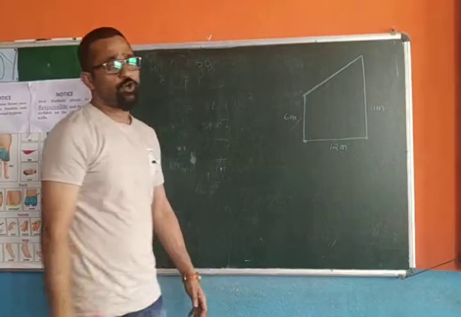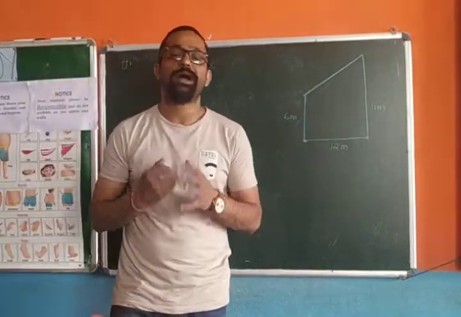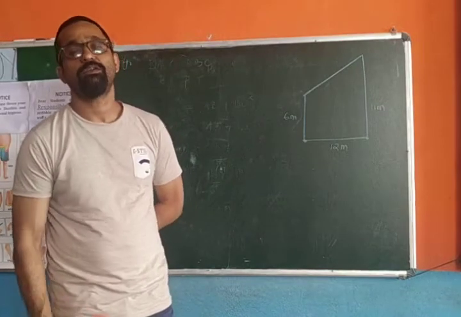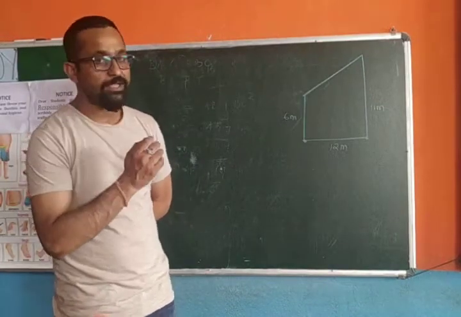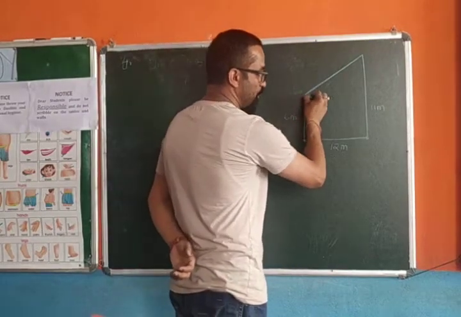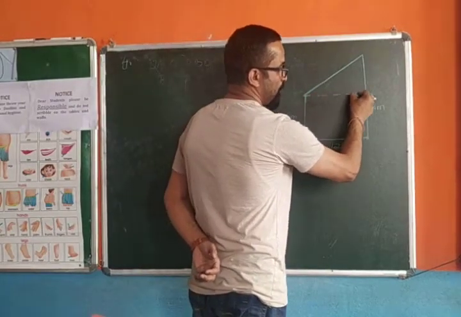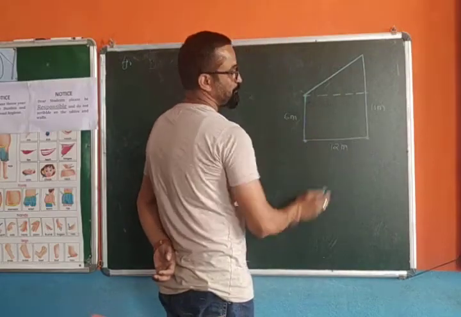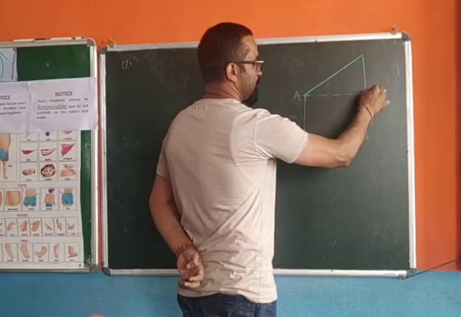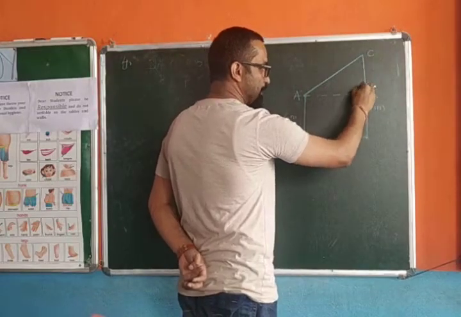Since we are solving a sum based on the Pythagoras theorem, and we do not have a right angle triangle, you need to draw a right angle triangle. From the top of the first pole, we draw a line parallel to the base and name it A, B, C. Now you get a right angle triangle.